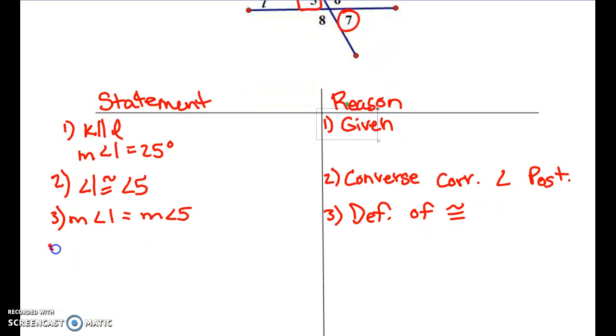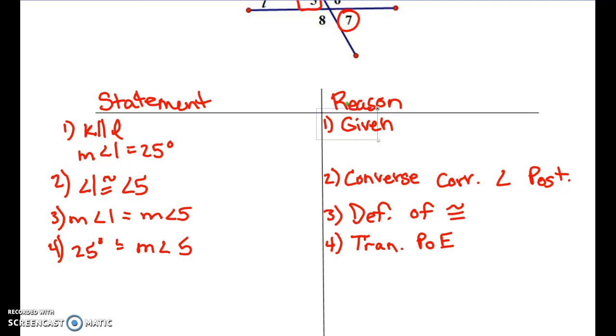So now in this next step, I'm able to make that substitution, or rather it's not really a substitution step as it is a transitive step, because if I say that the measure of 1 equals 25 and the measure of angle 1 equals the measure of angle 5, then I can say that 25 equals the measure of angle 5. So that's more of a transitive step.